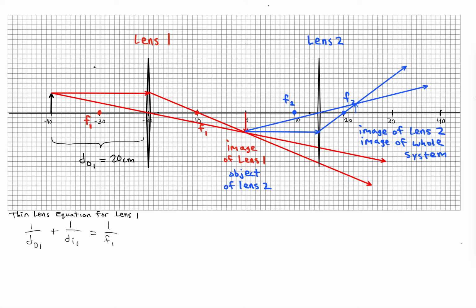We also see that the focal length of our lens is 10 centimeters, so we can plug those things in. When we solve that, we find that the image distance is also 20 centimeters. And that's going to be the distance from lens 1 to where our image was constructed.